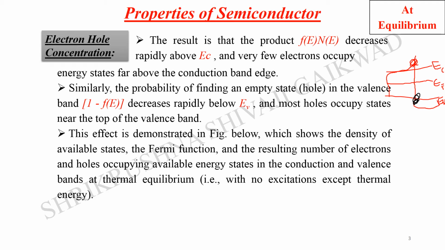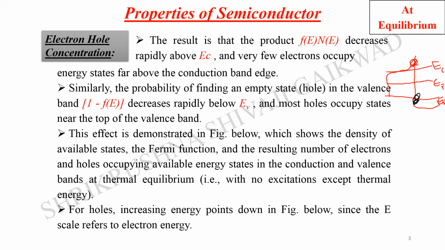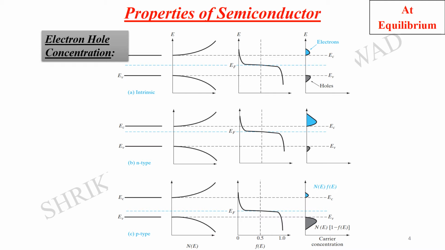This effect is demonstrated in the figure below, which shows the density of available states, the Fermi function, and the resulting number of electrons and holes occupying available energy states in the conduction band and valence band at thermal equilibrium, that is, with no excitation except thermal energy. For holes, increasing energy points down in the figure, since the energy scale refers to electron energy.